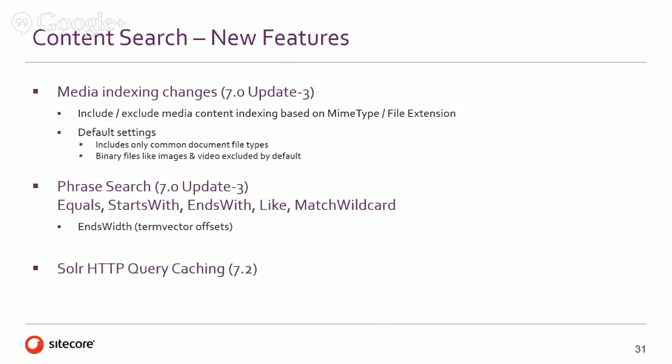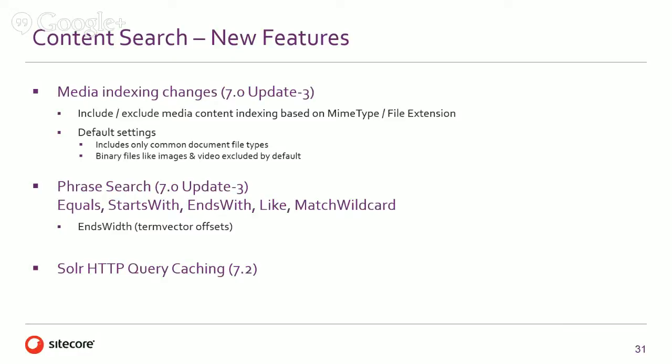And all this phrase support works in equals, starts with, ends with, like and match wildcard. You have to remember to turn on term vector offsets in the config if you're upgrading from an earlier version.